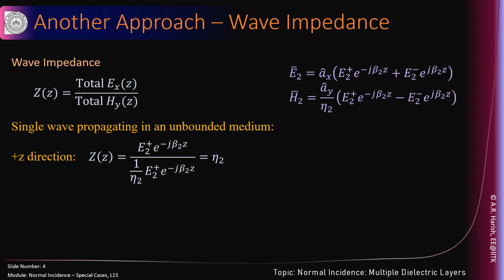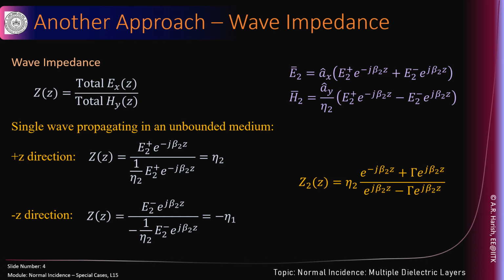Take the ratio of those two, what you get? The intrinsic impedance equal to eta 2. What will it be for a negative z going wave? Yes, it will be minus eta 2. So for a negative z going wave, the wave impedance will be minus eta 2, whereas for a positive z going wave, the wave impedance will be plus eta 2. We'll remember this, it will be useful.